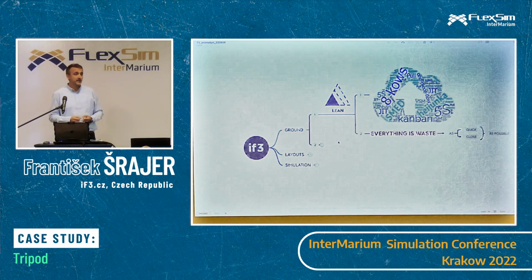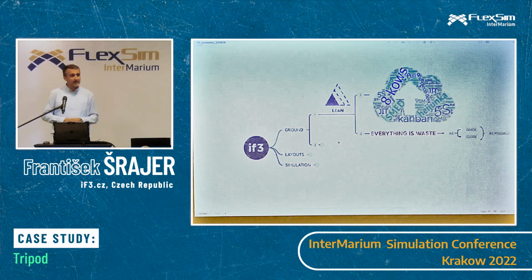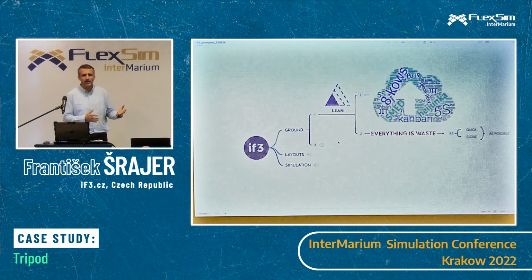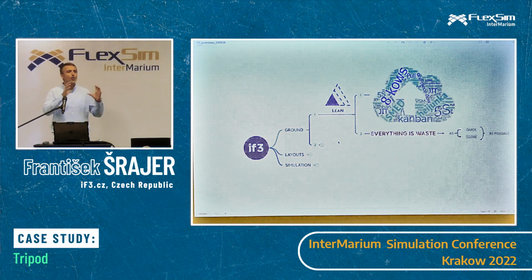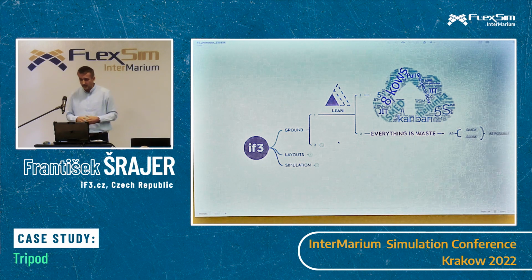So this is my first highlight out of this tool. Everything is waste, and it really helps me to have sober eyes when I see any layout of the process.